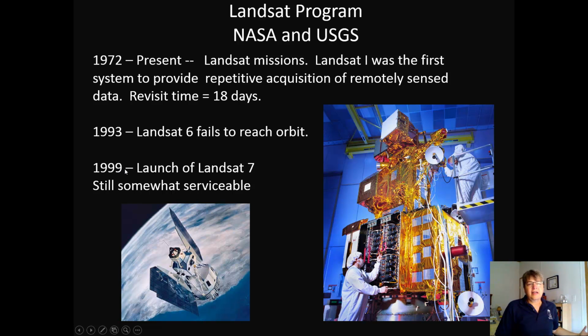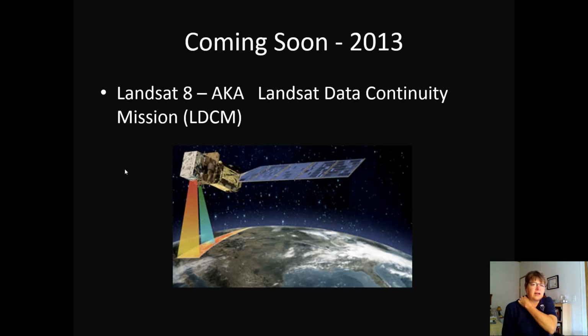Then in 1999, this was when I was actually getting into this whole remote sensing thing, we launched Landsat 7. So I was into it, and we were excited about the launch, and it was a great mission until about 2003, and it began to fail. So it still works, but the images that come back are not the best. There's strips in it where you can't see anything.